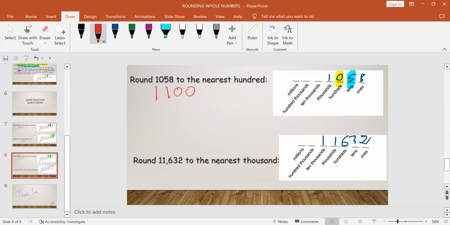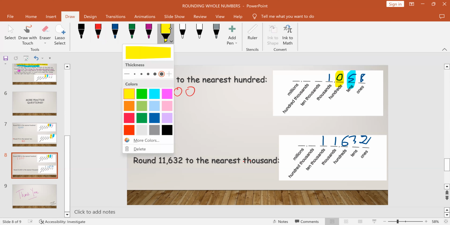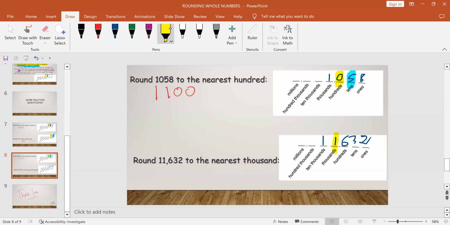The last question, 11,632 to the nearest 1,000. Which digit here represents the 1,000? Let me use my yellow color again. So we have 1. On the right side of that digit, we have 6.